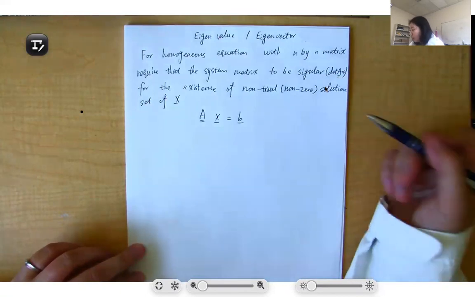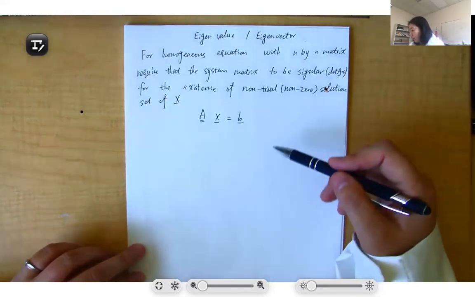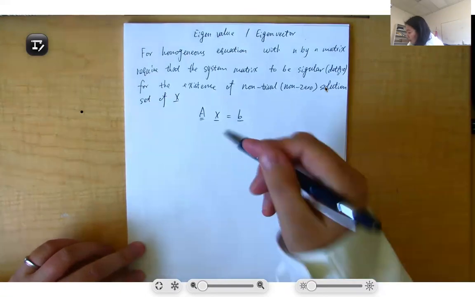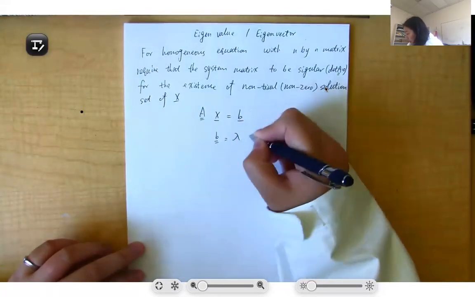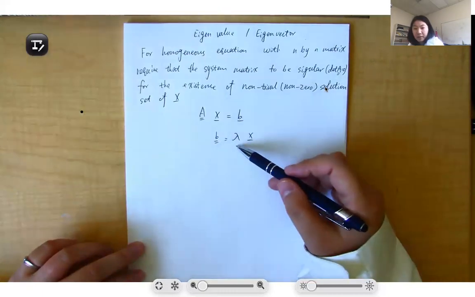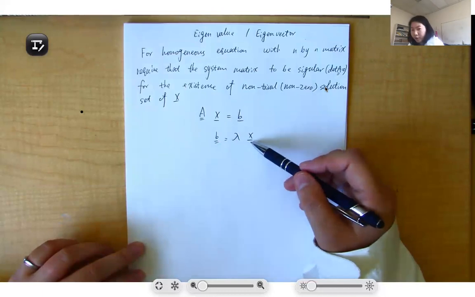So how do we solve for eigenvalues and eigenvectors? The B is equal to lambda x, where lambda is the eigenvalue and x is the eigenvector.